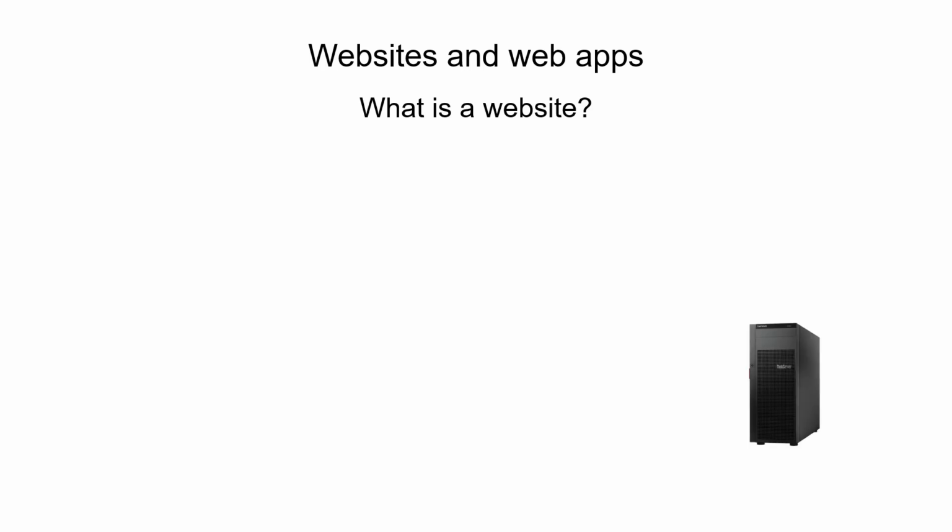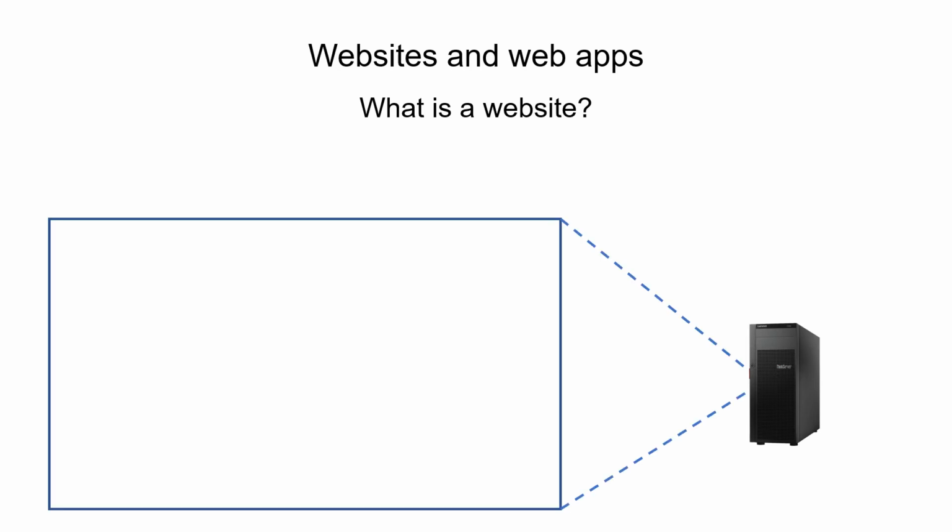Next, let's look at websites and web apps. So firstly, what is a website? Consider a server. Remember what a server is? It's those computers that are responsible for receiving requests from client computers and then responding to those requests. So a server can contain certain documents that are written in special languages. In fact, 3 languages to be specific: HTML, JavaScript, and CSS.